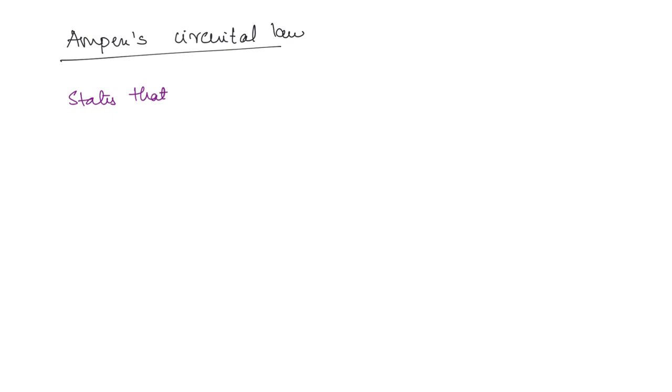Next is the Ampere's circuital law. So in short we call it Ampere's law. So this law states that the line integral of H bar, what is H bar? It is the magnetic field intensity, okay. So the line integral of H bar around a closed path, okay. So this point is important.